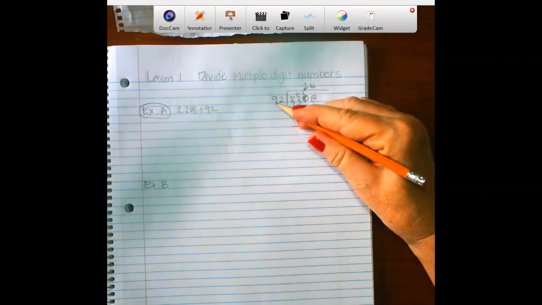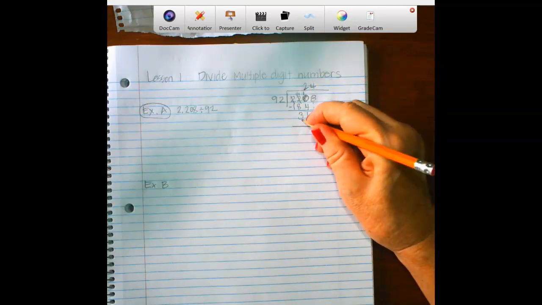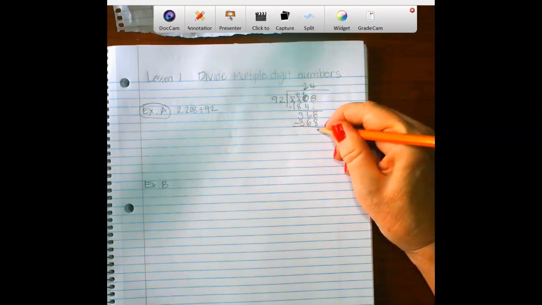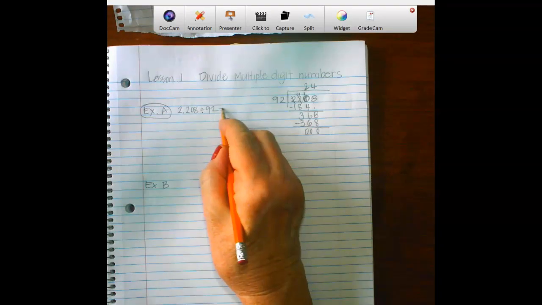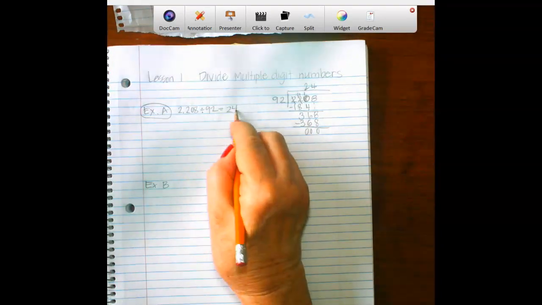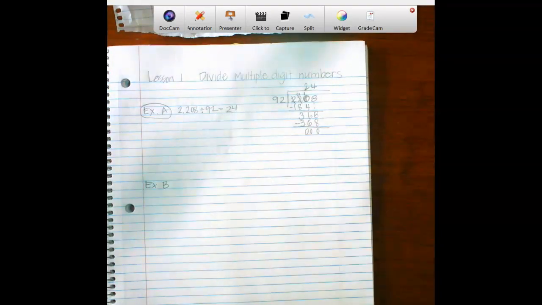And 9 times 4 is 36. I love the clean evenness of that. So 0, 0, 0. So the quotient is 24. So 2,208 divided by 92 is 24.